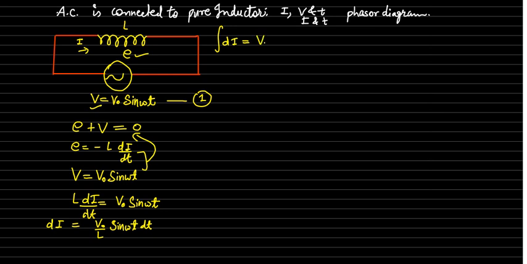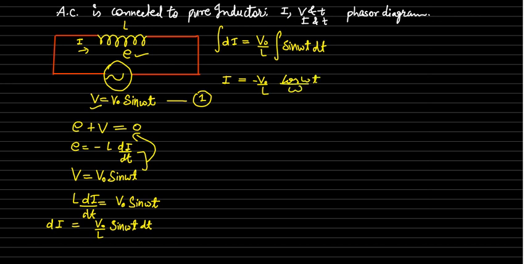So this will be V naught by L, constant, and the integration of sine omega t. Now can anyone tell me what is the integration of sine omega t? It is minus cos omega t by omega.